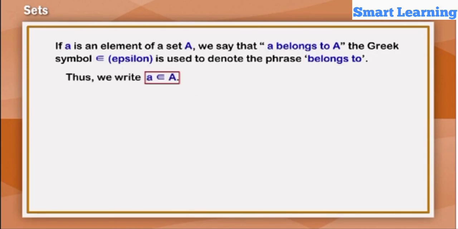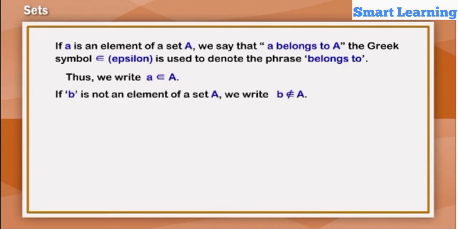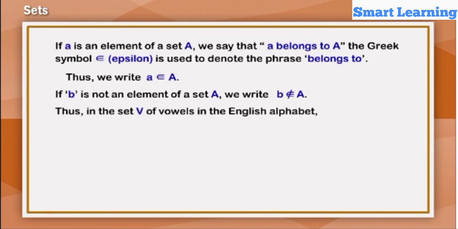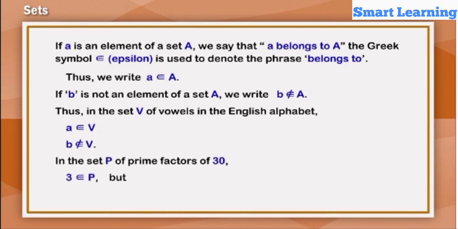Thus we write a ∈ A. If b is not an element of a set A, we write b does not belong to A. Thus, in the set V of vowels in the English alphabet, a belongs to V, but b does not belong to V. In the set P of prime factors of 30, 3 belongs to P, but 15 does not belong to P.